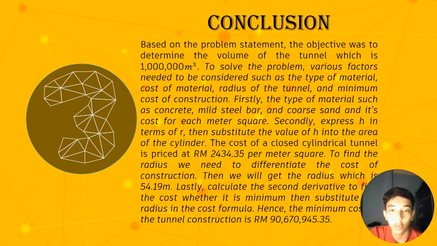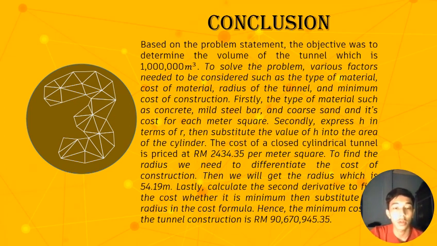Then substitute the value of H into the area of the cylinder. The cost of a closed cylindrical tunnel is priced at RM2,434.35 per meter square. To find the radius, we need to differentiate the cost of construction.